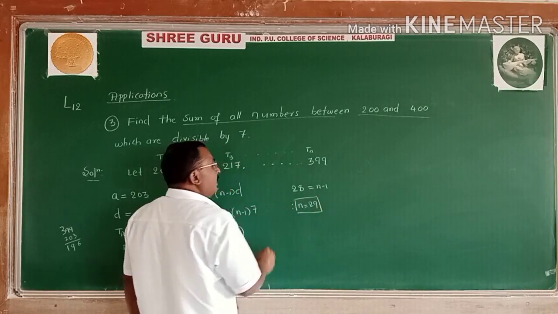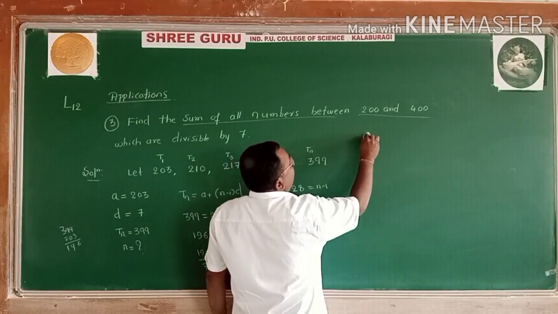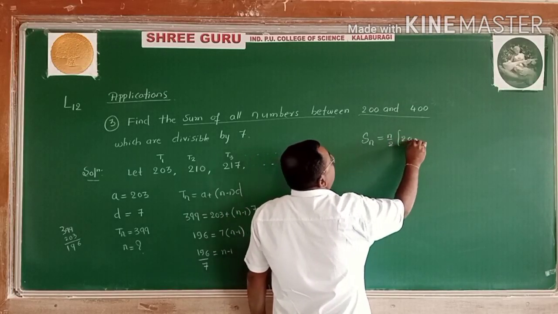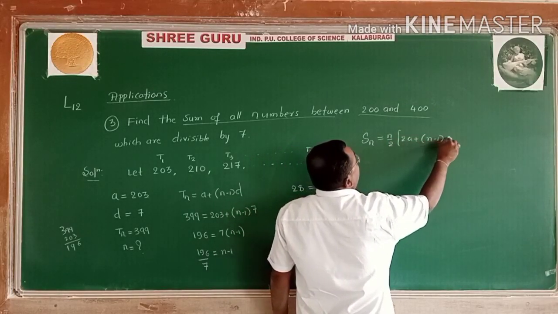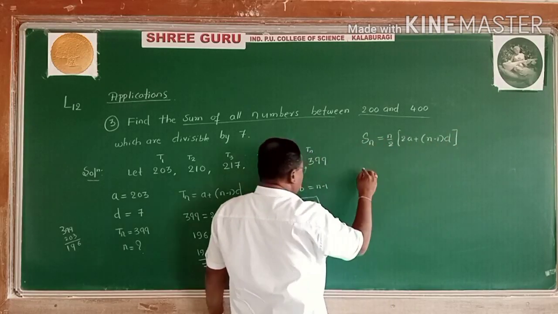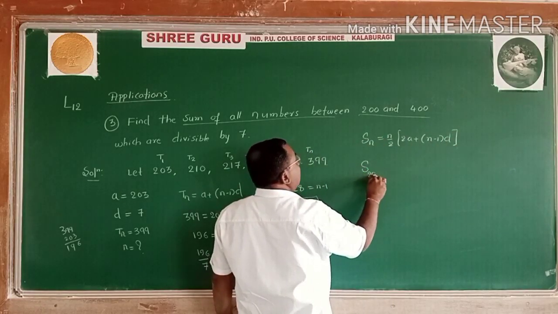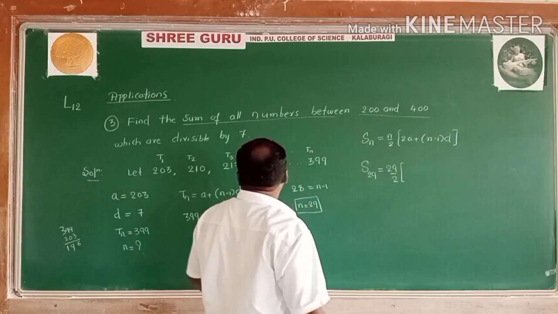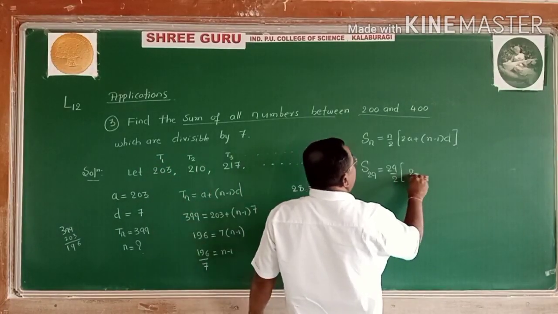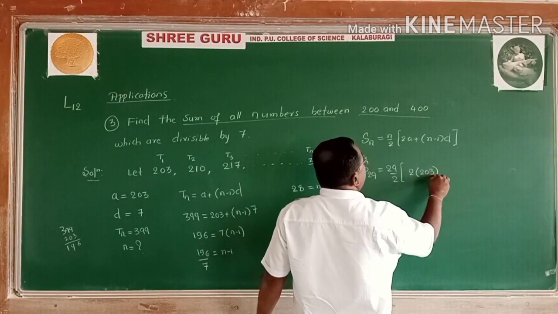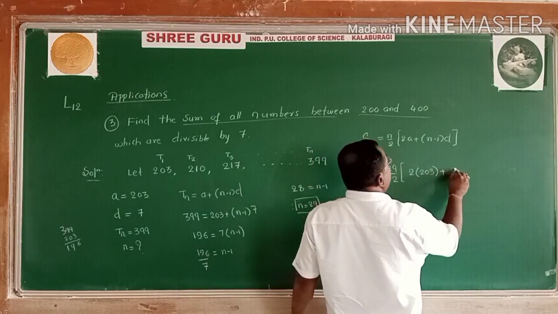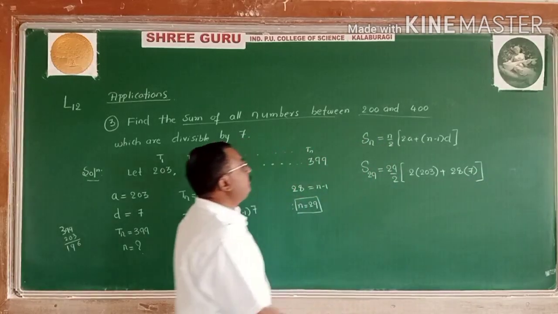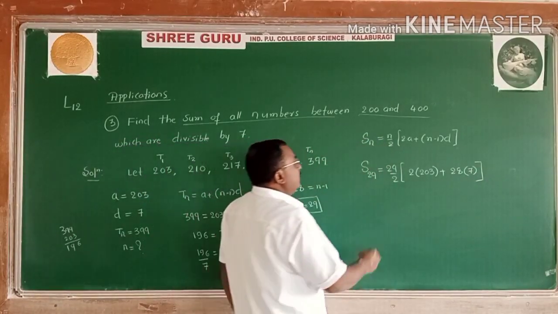To find the sum to n terms, Sn is equal to n by 2 into 2a plus n minus 1 into d. S29 is equal to 29 by 2 into 2 into a, that is 2 into 203, plus n minus 1, that is 29 minus 1, 28, into difference 7.